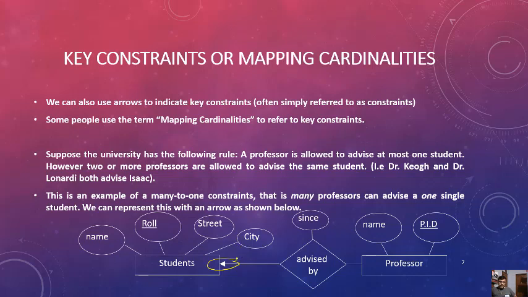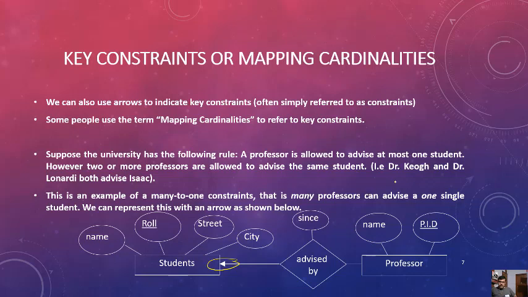Suppose the university has the following rules. A professor is allowed to advise at most one student. However, two or more professors are allowed to advise the same student. So more than one professor may advise a single student. That is, Dr. Keogh and Dr. Lonardi both advise the student Isaac.